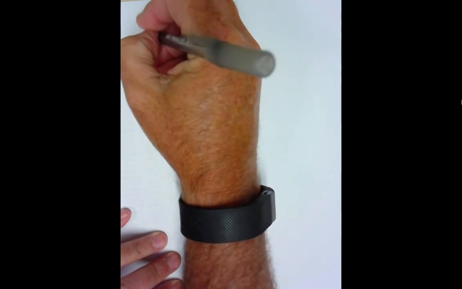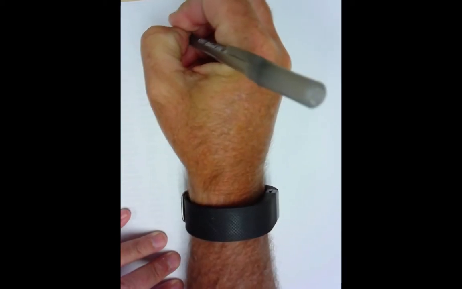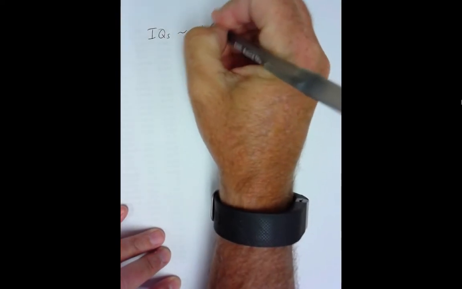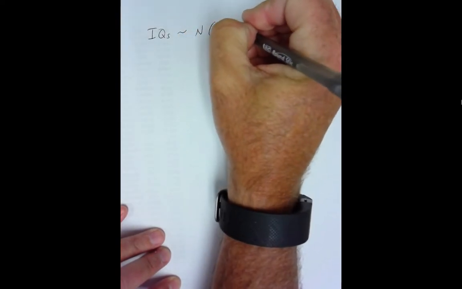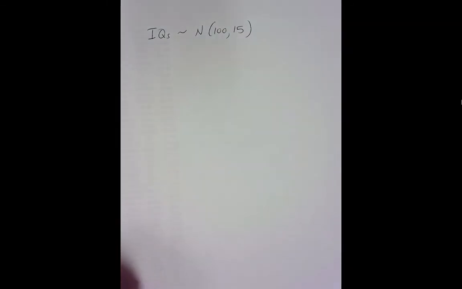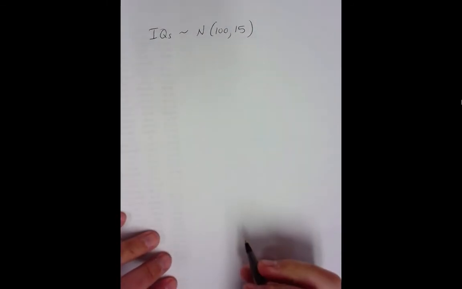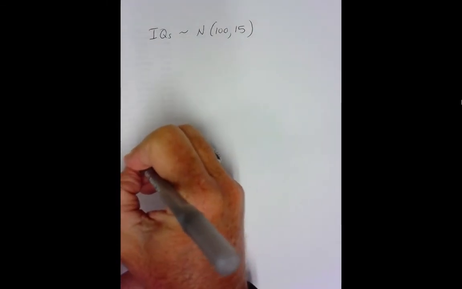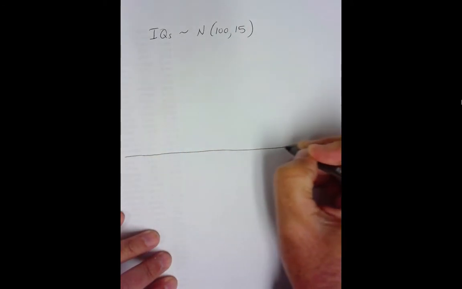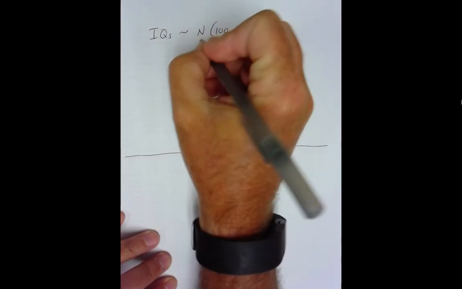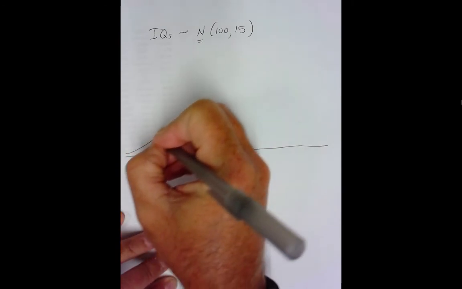Now, let's take a distribution of what we call IQ scores. And it turns out that IQs are normally distributed with a mean of 100 and a standard deviation of 15. Now, what I know is I have a normal distribution, so I can draw the normal curve.